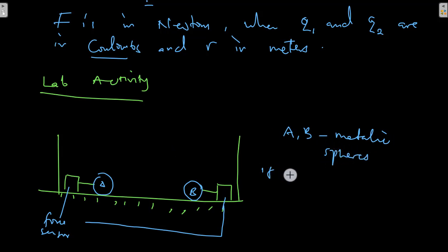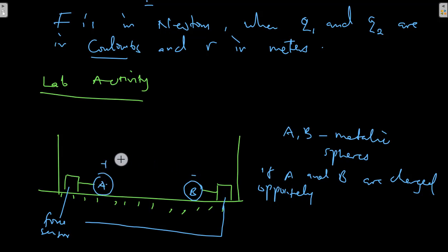If A and B are charged oppositely, that means if A is given perhaps a positive charge and B is given a negative charge, there will be a force of attraction between the two spheres A and B, and the force sensors are calibrated to give us the magnitude of force between A and B.